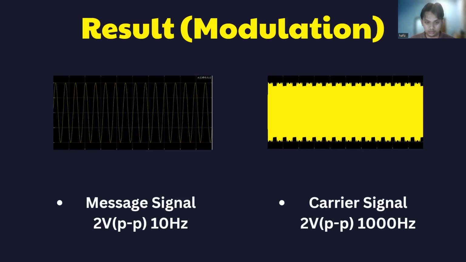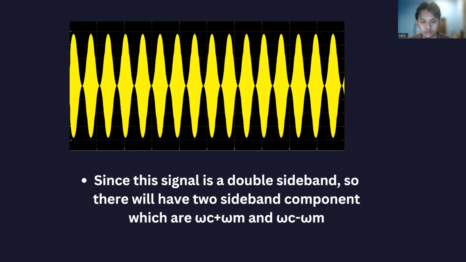Next, we have the carrier signal, which is also 2 volt, but with 1000 Hz. Since this signal is double sideband, we can see that it has two sideband components, which are WC plus WM, and the second component is WC minus WM.